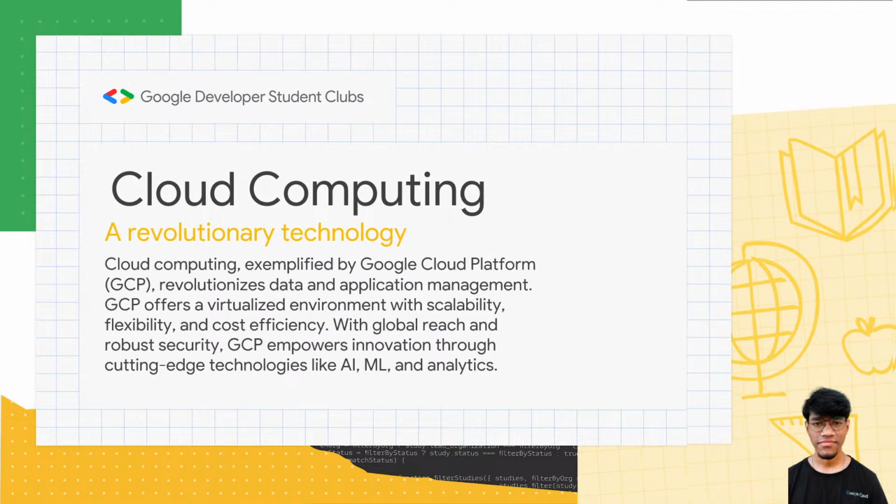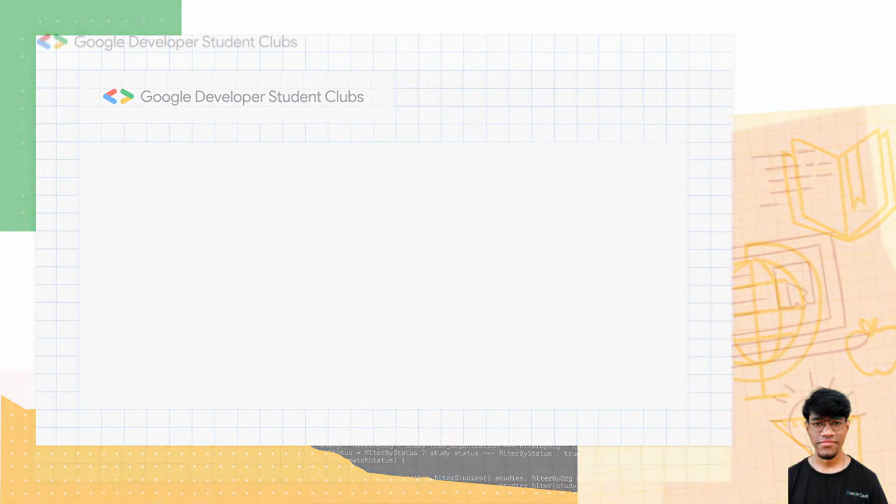Cloud computing is an evolutionary technology which revolutionizes data and application management and offers an environment with scalability, flexibility, and cost efficiency. GCP is a technology offered by Google for deploying our code bases to a cloud so that the data can be accessed from anywhere and can be scalable to a large extent. So it empowers innovations such as AIML and analytics, which can be helpful to many upcoming technologies.